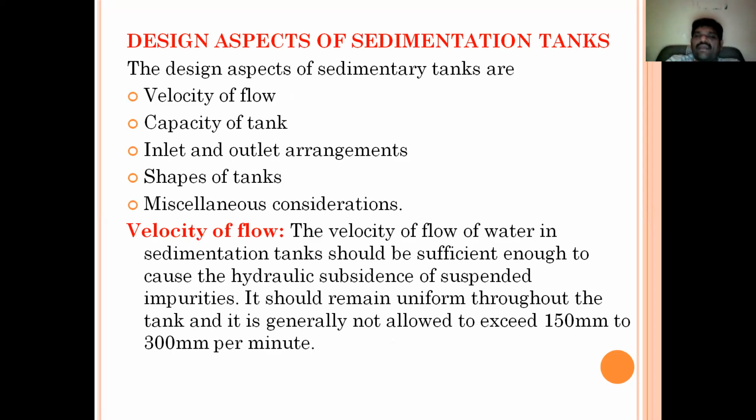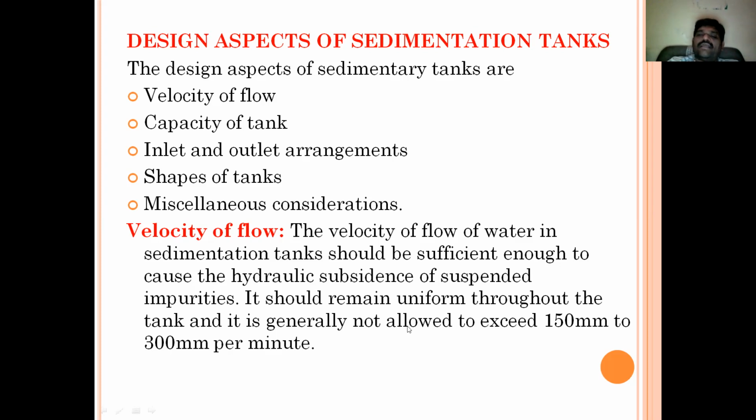The velocity of flow of water in the sedimentation tank should be sufficient to allow the weighted particles to settle at the bottom. If the velocity of water is high, the weighted particles may not settle. That is the reason the velocity of flow should be sufficient to cause the hydraulic subsidence of suspended impurities. It should remain uniform throughout the tank.